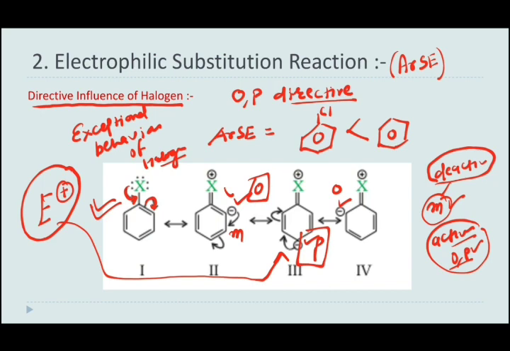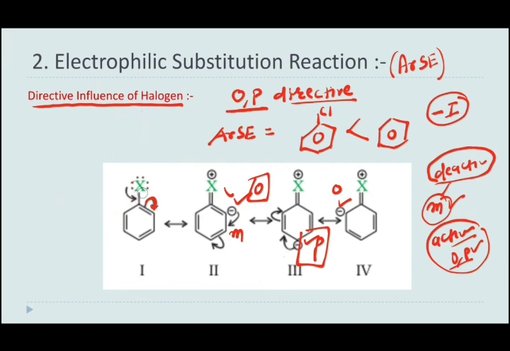So here the directive influence of halogen is ortho and para-directive because of the electron donating resonance effect, but their reactivity is decided by their minus I effect, the negative inductive effect. So this is the exceptional behavior of halogen. Their directive influence is ortho and para, and they are deactivating groups. Keep this in mind.